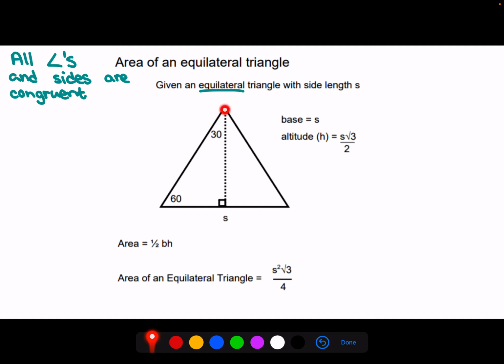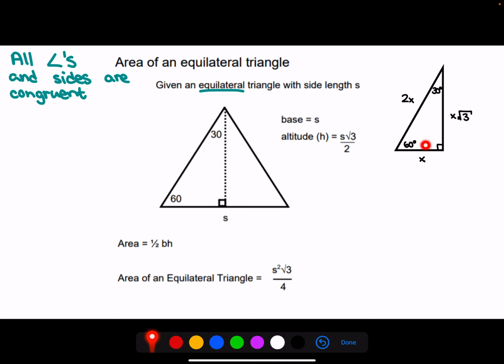Now if I were to draw my altitude from one of my vertexes to the opposite side, it will not only intersect at 90 degrees, making it the height, but it will also split that 60-degree angle perfectly in half, giving me two 30, 60, 90 triangles. So therefore, I can use my 30, 60, 90 triangle.